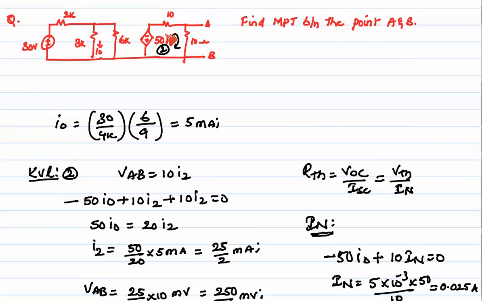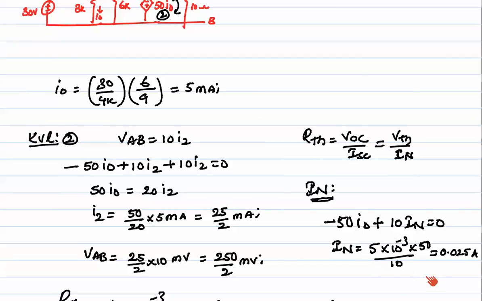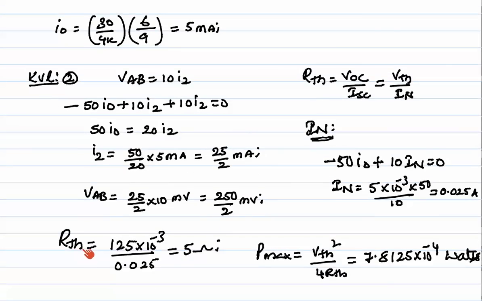So this is going to be minus 50 plus 50 IN plus 10 into IN is going to be 0. From this, IN is 0.025 amps. Next is RTH. RTH is nothing but 125 into 10 power 3 divided by 0.025. And you will get Pmax equal to VTH square divided by 4 RTH, and this is the answer.